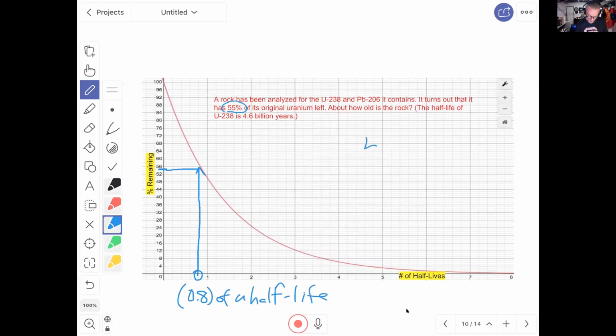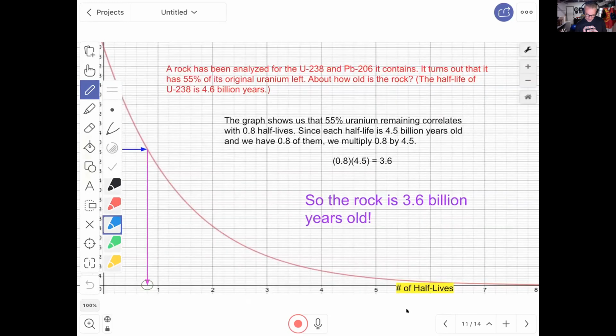That would be 4.6, right? 4.6 is one half-life of uranium, and we have to multiply that by 0.8, and that's how we're going to do this problem. So if we do that, we see that there is 3.6 billion years, so that means the rock is 3.6 billion years old. Cool.